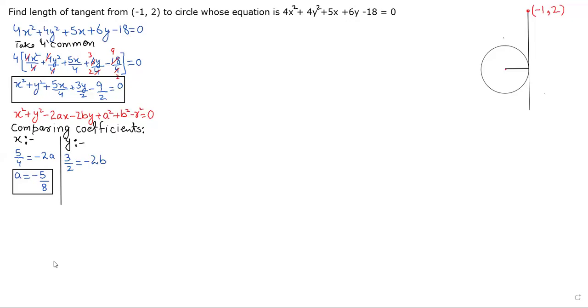When I simplify it, minus 2 is shifted to the other side. It is being multiplied by b, so when I shift it to the other side, it becomes divide. So b becomes minus 3/4. I have shifted it by cross multiplication, and due to that the value of b is minus 3/4.